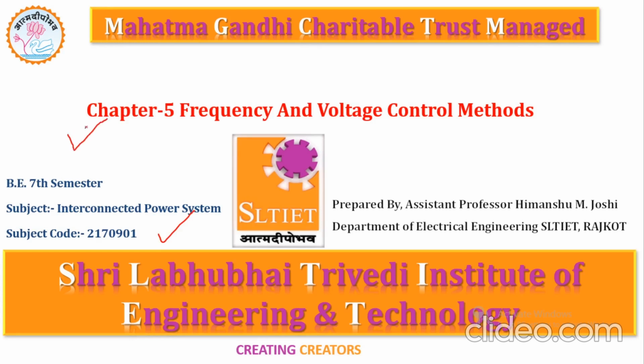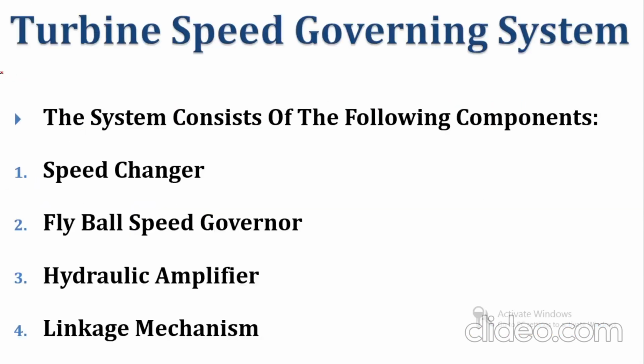We will continue our discussion for chapter number 5, that is the frequency and voltage control methods. Today we are going to discuss the turbine speed governing mechanism, which is used for frequency control.